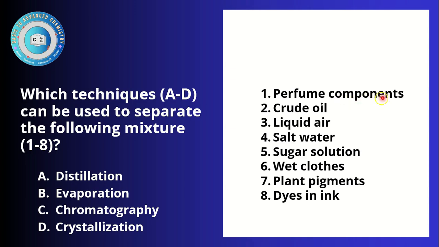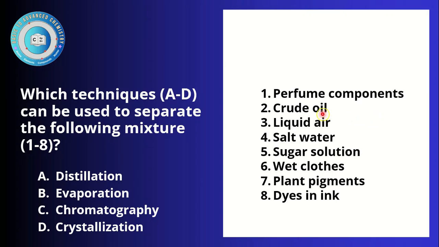These components are volatile gases. These volatile gases have different boiling points and different polarity. So based on this, we can use different techniques to separate the components of perfume. One is distillation, the other is chromatography. One type of chromatography used to separate such volatile compounds is gas chromatography.